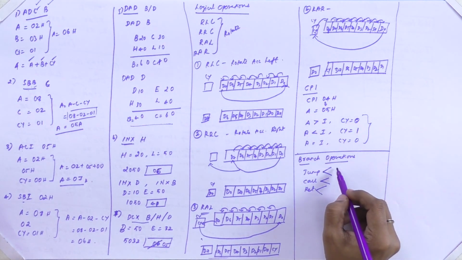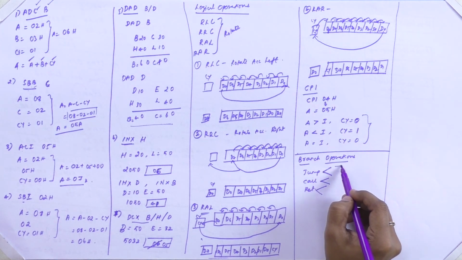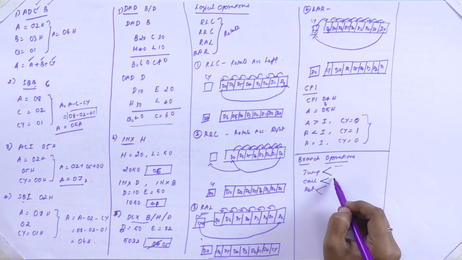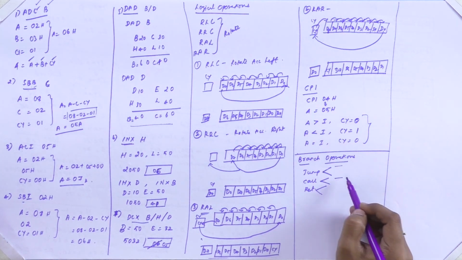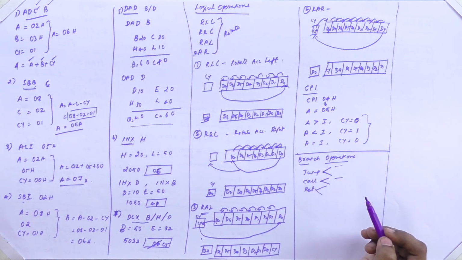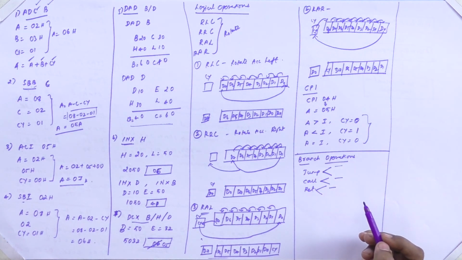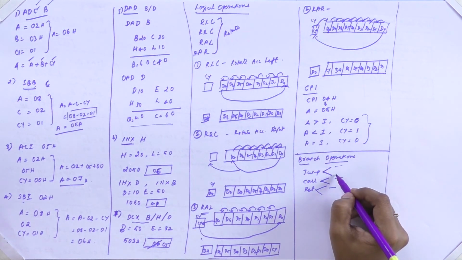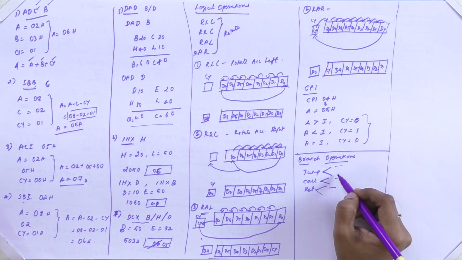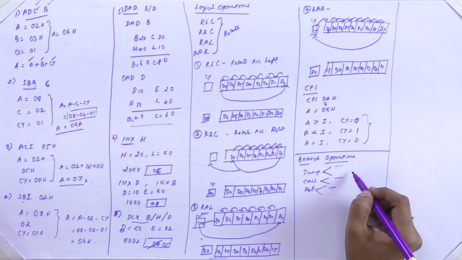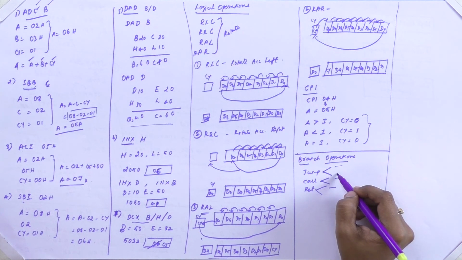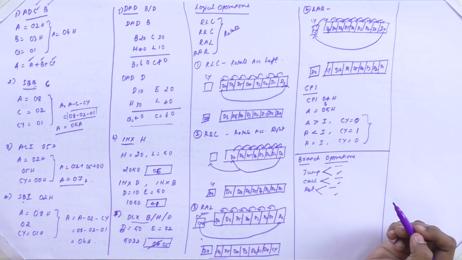We have already discussed that unconditional means without any condition the corresponding jump will occur. Unconditional call means without any condition the call will happen, and return means without any condition return will execute. Conditional means based on the status or condition of the flags, corresponding jump, call and return will happen.